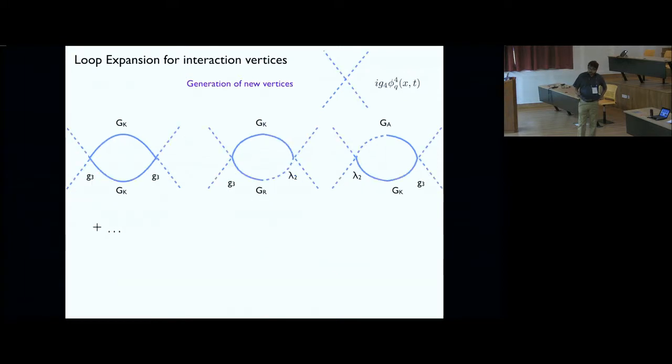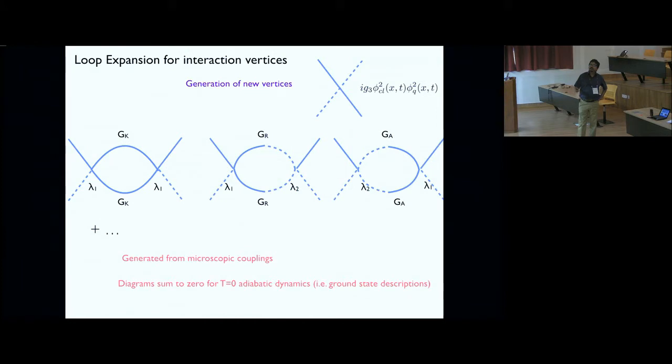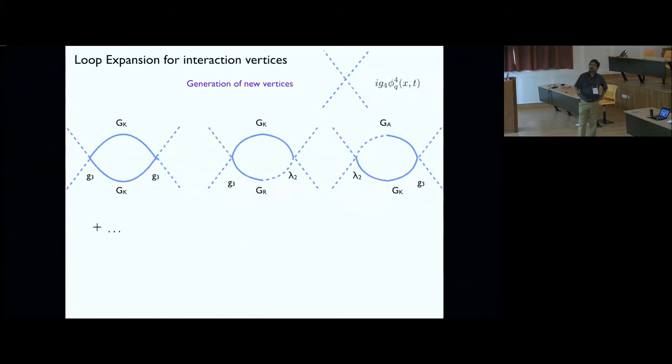Once you have generated this guy, which is G3, with 2 quantum, 2 classical, then you can generate another vertex, which is phi Q4. And I'm only looking at 4-point vertices. In principle, of course, you can generate 6-point, 8-point vertices, but I'm only interested in 4-point right now.